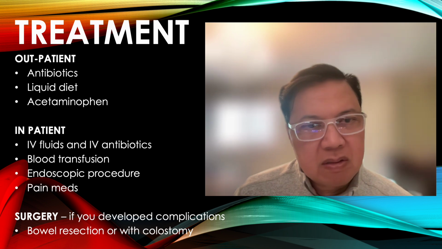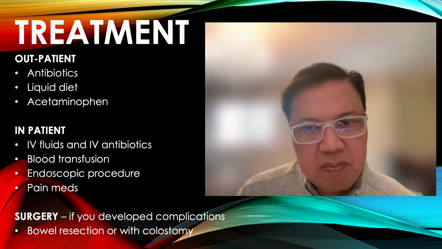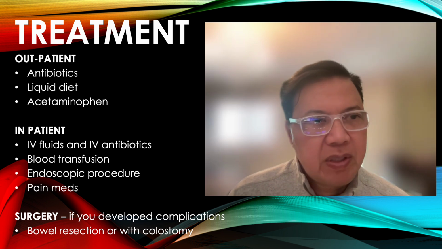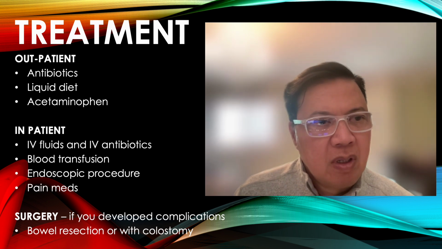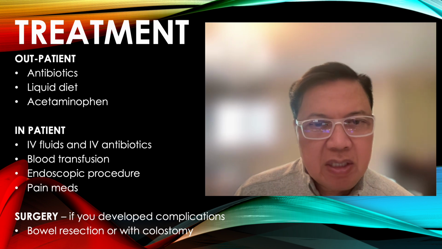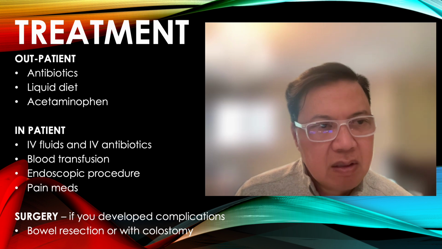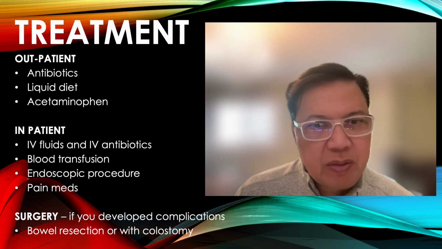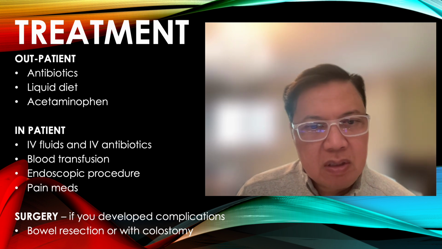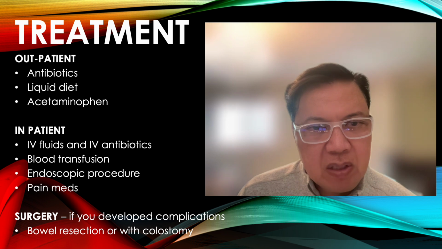And then we only do blood transfusion if you're actively bleeding or if your hemoglobin is 7 or below. And then, of course, we give you pain medication, usually IV, and then an endoscopic procedure if your symptoms don't get better and you're having symptoms of bowel obstruction.